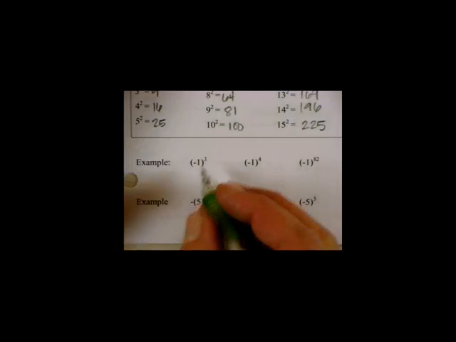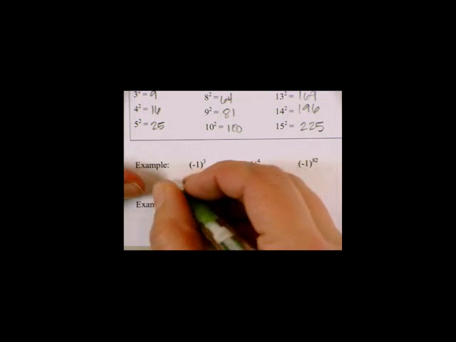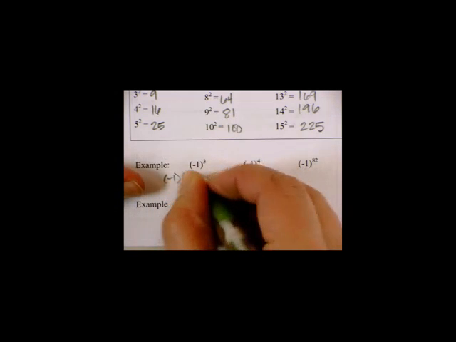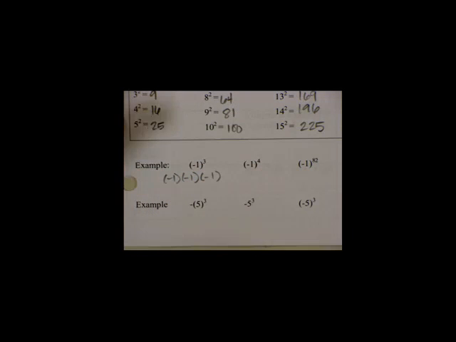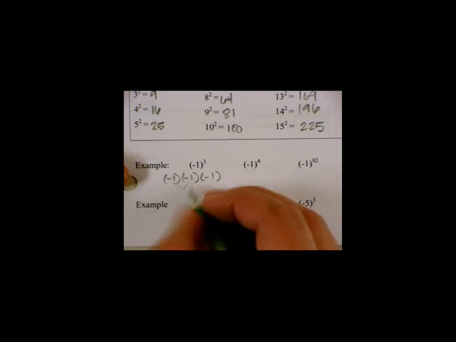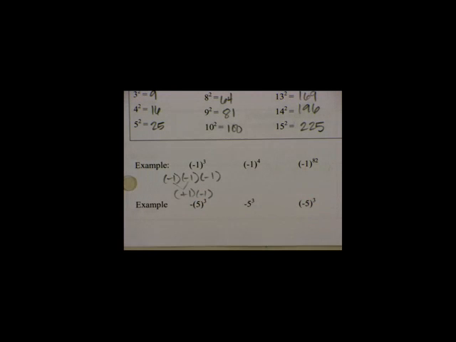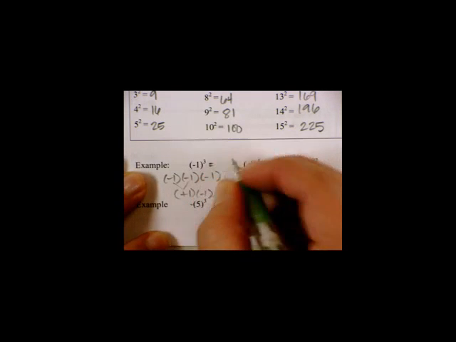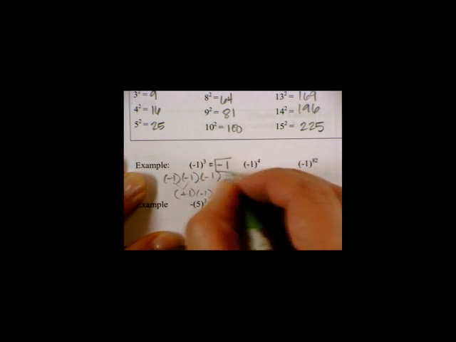Let's go down. Negative 1 to the third. That is negative 1 times negative 1 times negative 1. Well, we talked about this. Anytime I have an odd number of negatives, my answer is negative. So negative 1 to the third is going to be negative 1.